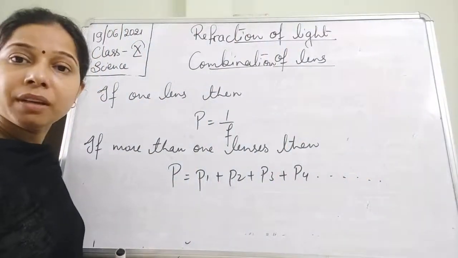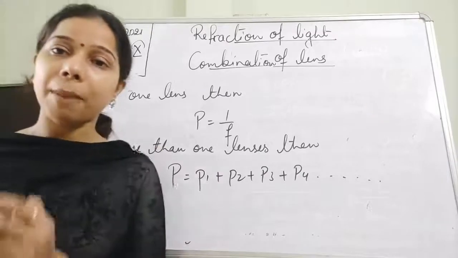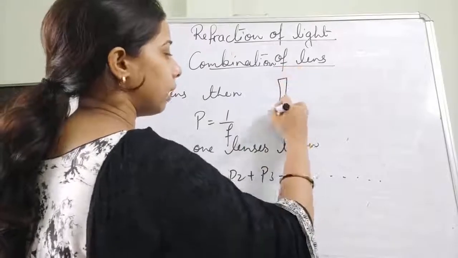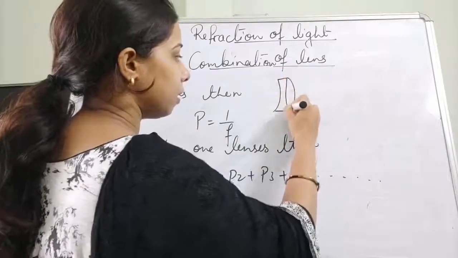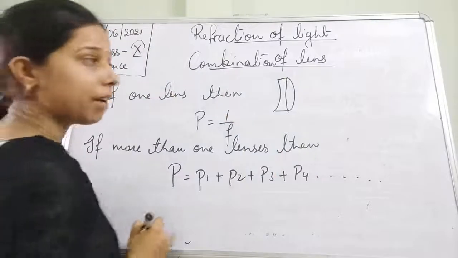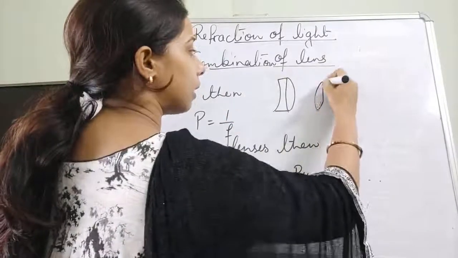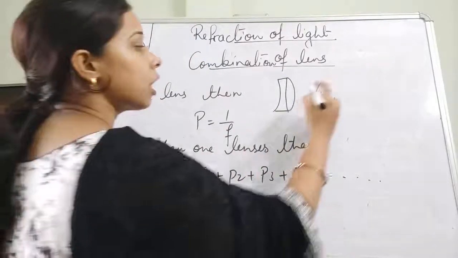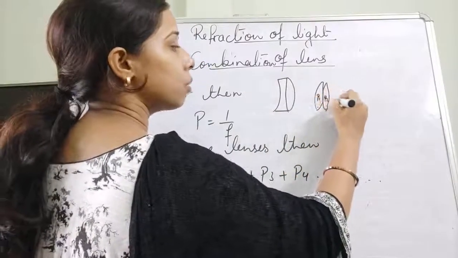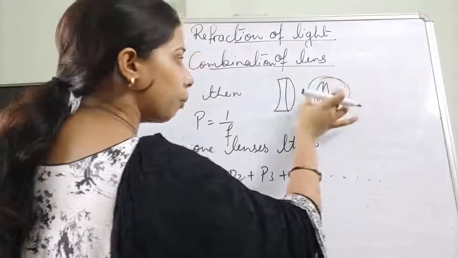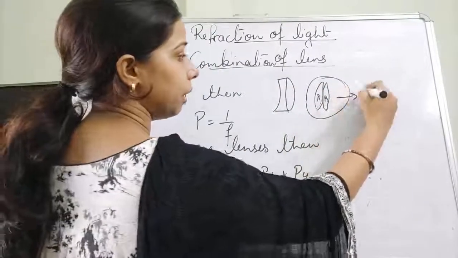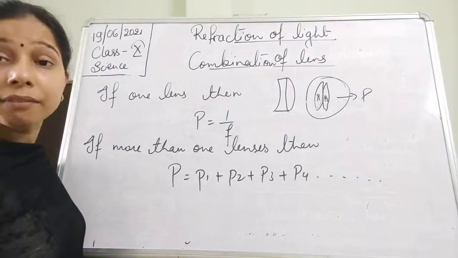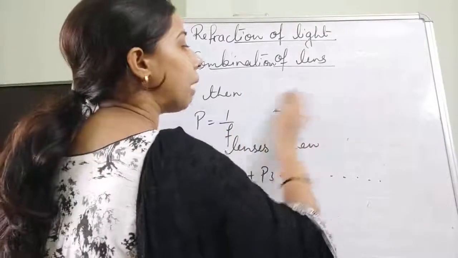It means we are combining, we will add the power of each of the lenses. So suppose a concave lens is there and another lens, a convex lens, is attached to it, or two convex lenses are attached together. At first we should know the power of each one, and finally the power of the combination of the lenses will be equal to P. Simply, we will add the power of each of the lenses and we will get the value of the total power of the lens.